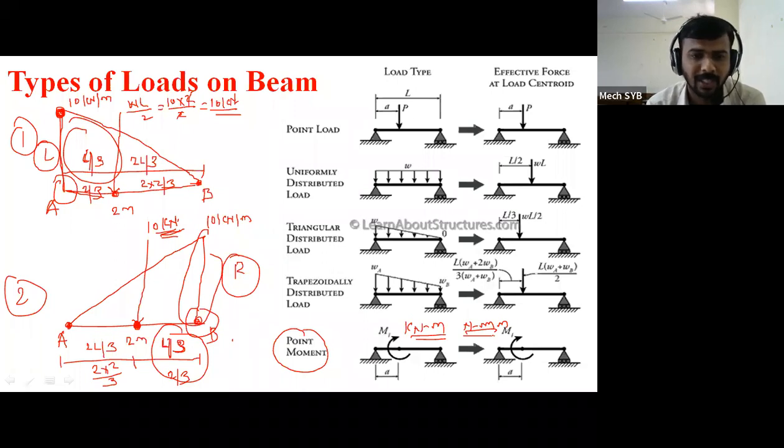But you need to understand all these concepts very well, because we need to use them for our further calculation. तुम्हाला जर हे कन्सेप्ट कळाले नाही कसं कन्वर्जन करायचंय आणि कसं ते कुठल्या डिस्टन्स वर रिप्रेझेंट करायचंय, then you are unable to solve the numericals based on this particular SF and BM. So for point load it is very simple. For UVDL also it is very simple. The formula पण simple आहे आणि त्याचं डिस्टन्स पण L/2.